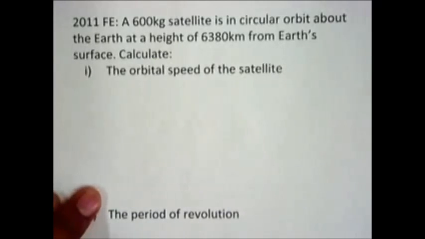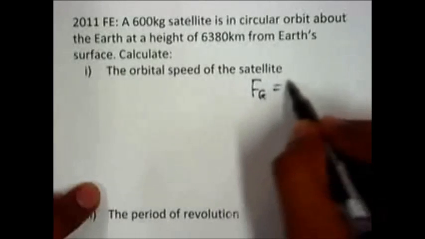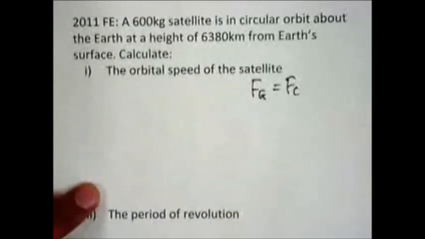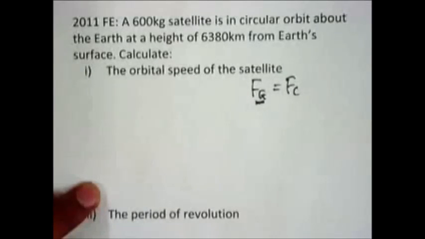Every time if it says calculate the orbital speed, the simplest way you can do that is you can say your gravitation force is equal to your centripetal force, and then you make v the subject of the formula. If it says find the force of attraction or the gravitation force, then you just need to find Fg.